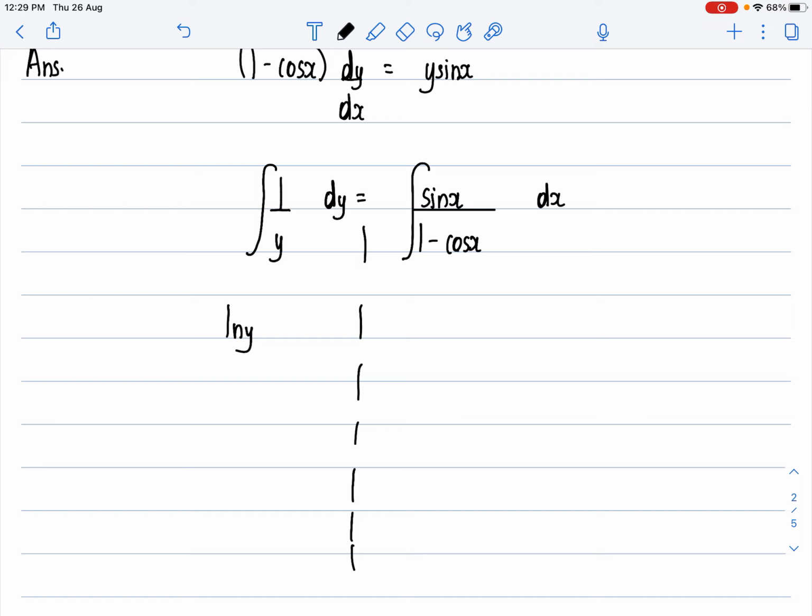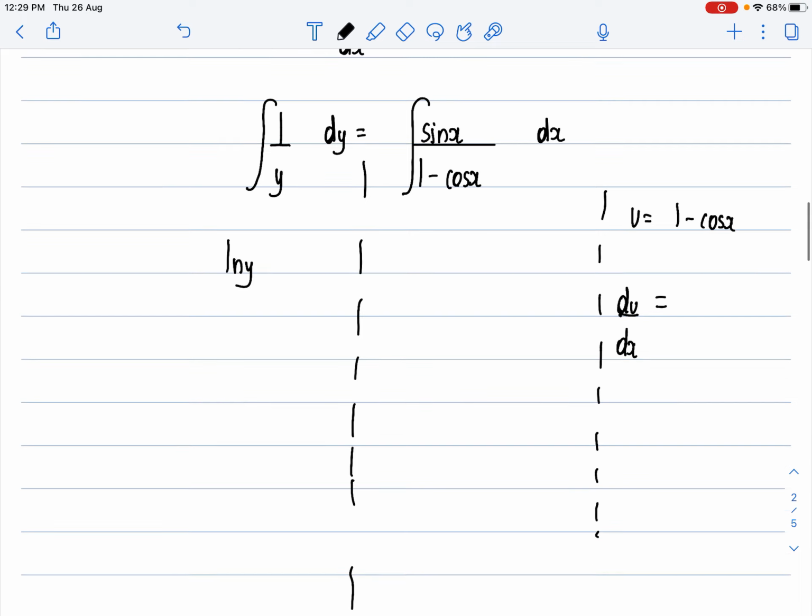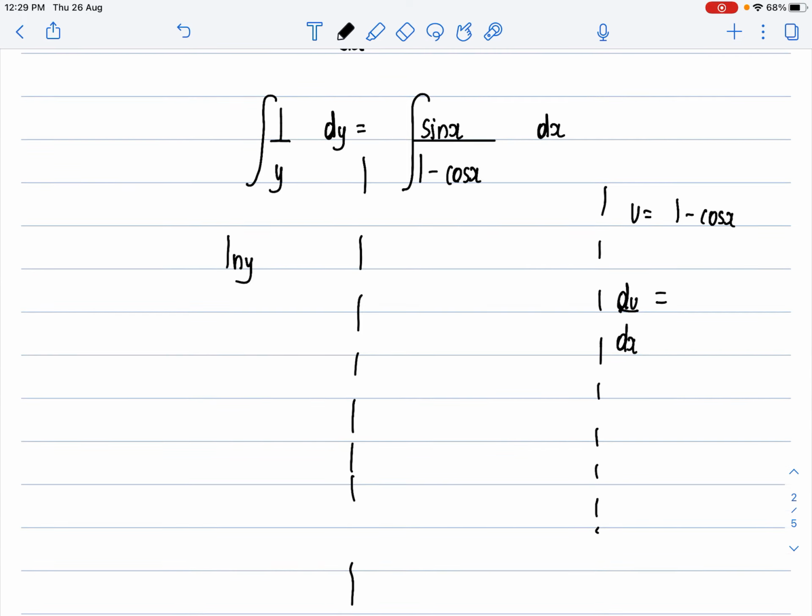For this you need to recall your further integration. As you can see, this can only be solved using integration by substitution. I take my u as the denominator, which is 1 minus cos x. I calculate du by dx. The differentiation of 1 is simply 0, and the differentiation of cos x is minus sin x.